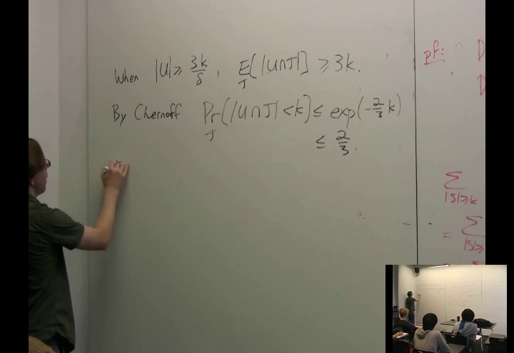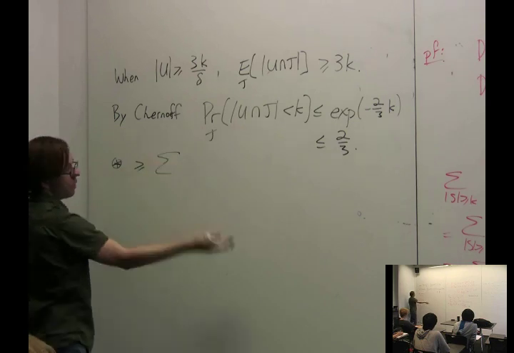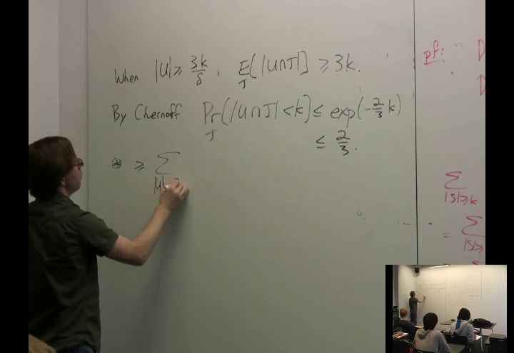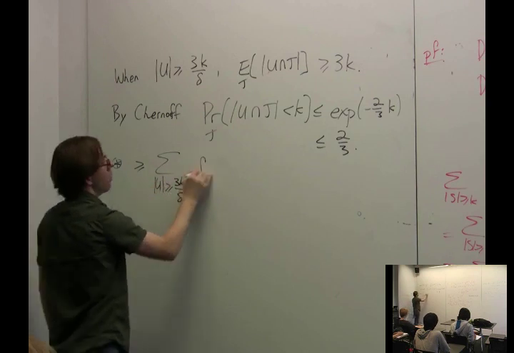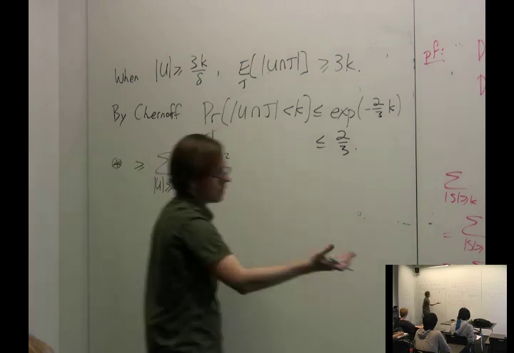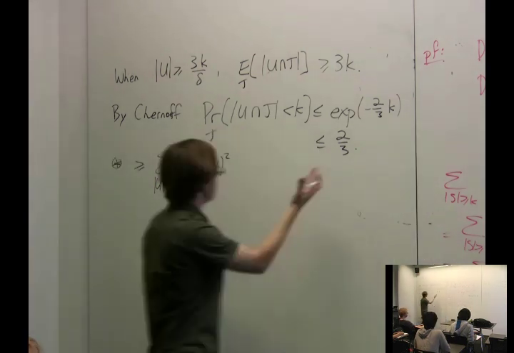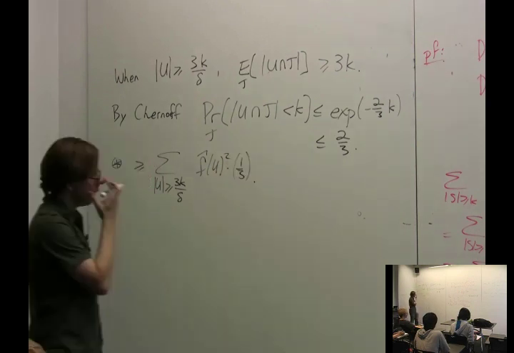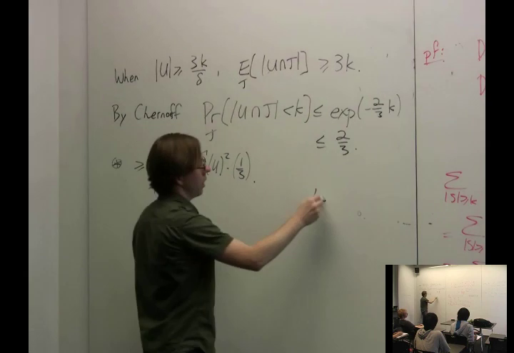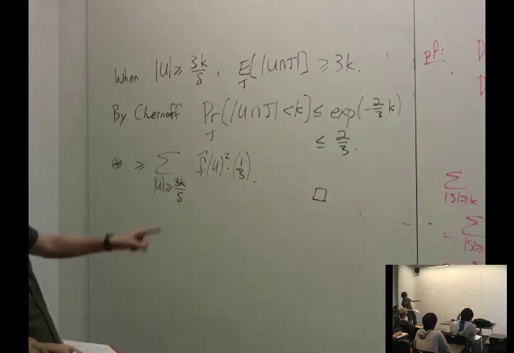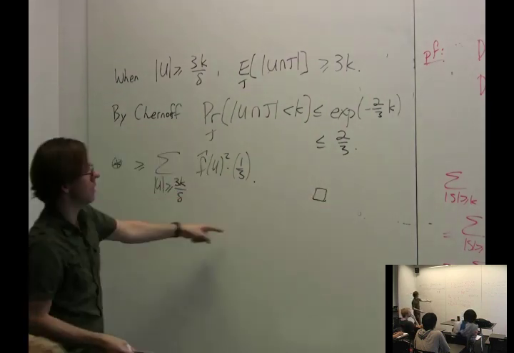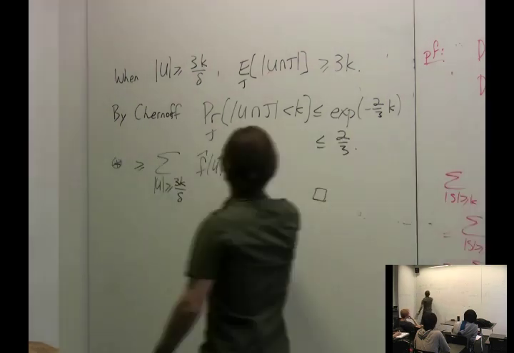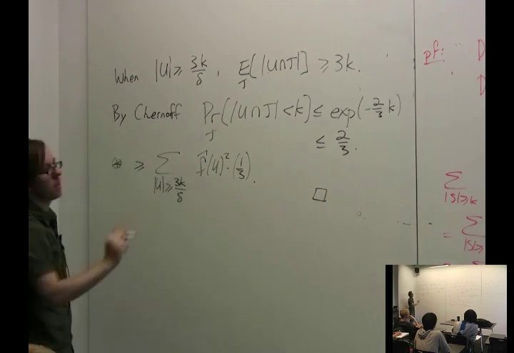So star is at least, I'm just going to drop all the terms when cardinality of u is small. I'm just going to give them away. But for the remaining terms, I know that this is exponentially close to 1. I'm going to use this pathetic bound that it's at least 1/3. And I think I actually get to draw the little box here, because eventually we have this thing is less than or equal to epsilon. So I multiply by 3 on both sides, and I get the exact statement.